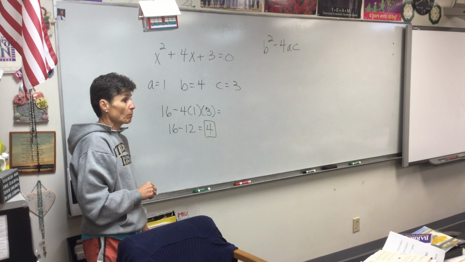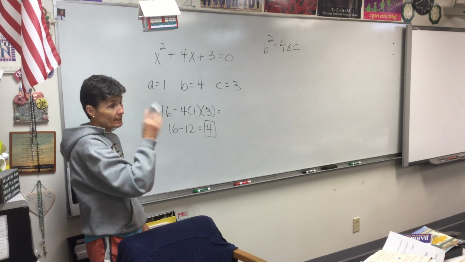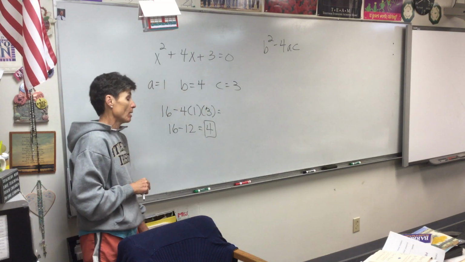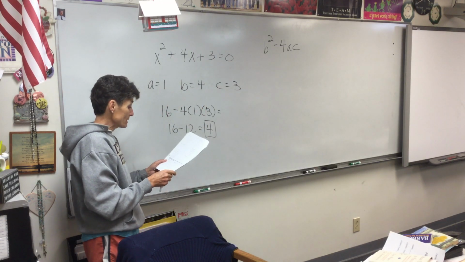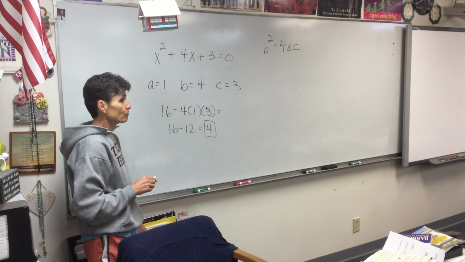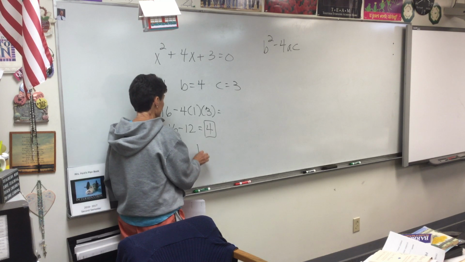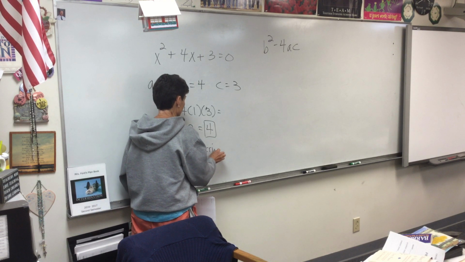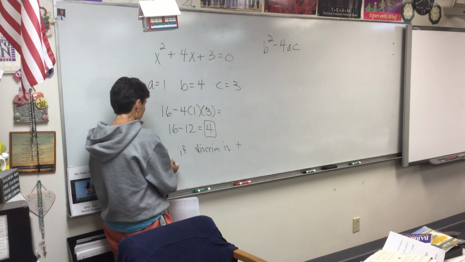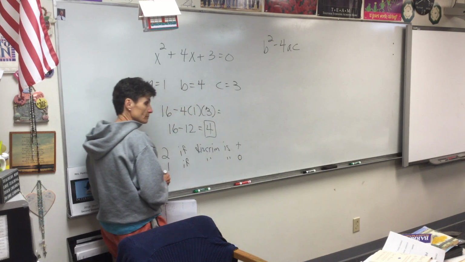When that number is a perfect square, it means your problem factors. So just in case you were wondering, since 4 is a perfect square, I could factor that problem. What does it tell me about the number of real solutions? The number of real solutions will be 2 if the discriminant is positive. It will be 1 if the discriminant is 0.